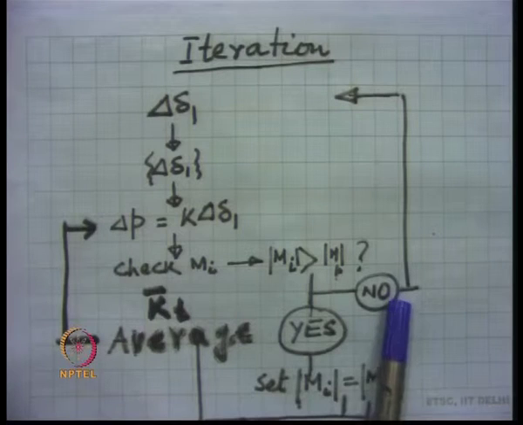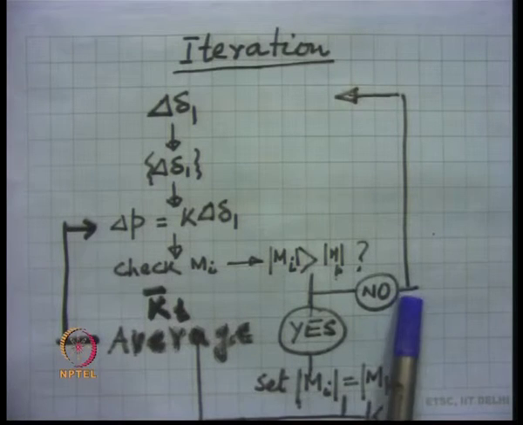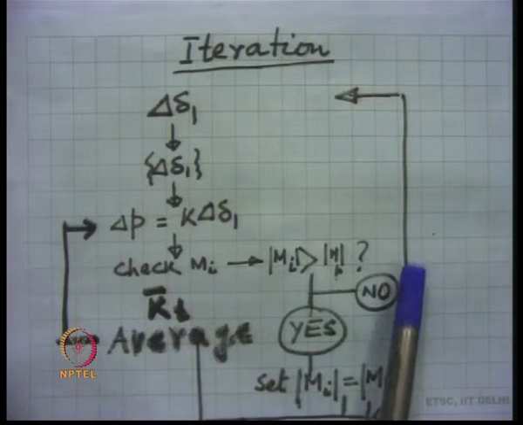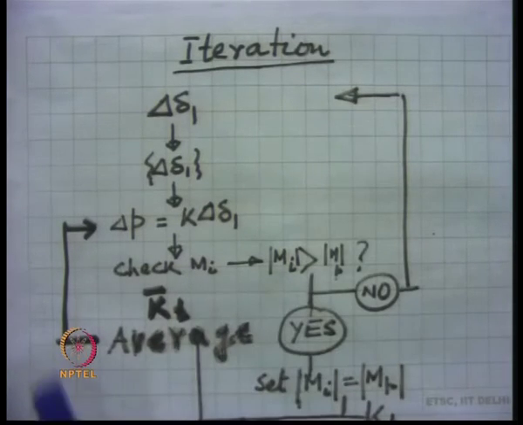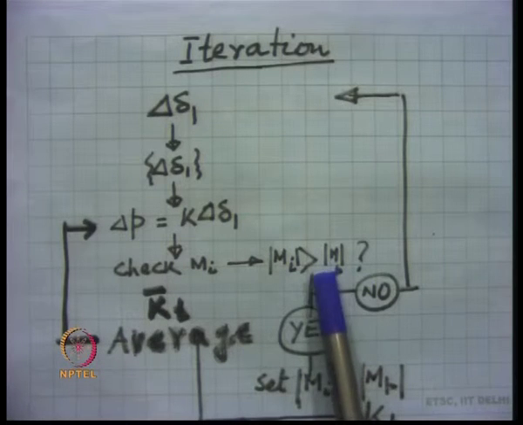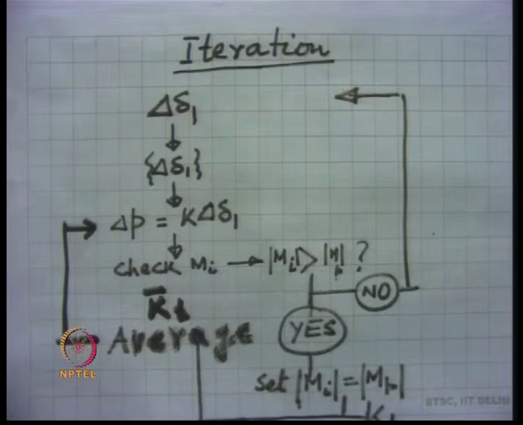We simply put an ordinary hinge at that particular plastic hinge location, obtain a stiffness matrix and carry out the solution as before. That means we go for the next increment. If it is greater, then for those cross sections we set Mi equal to MP.